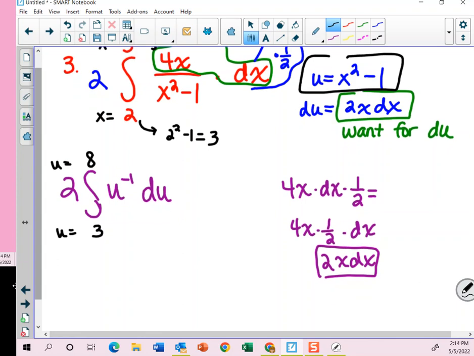Okay, so I got my new numbers. Big F of x. Actually, technically not big F of x, big F of u. We'll write that down. The antiderivative is going to be 2 natural log of the absolute value of u.